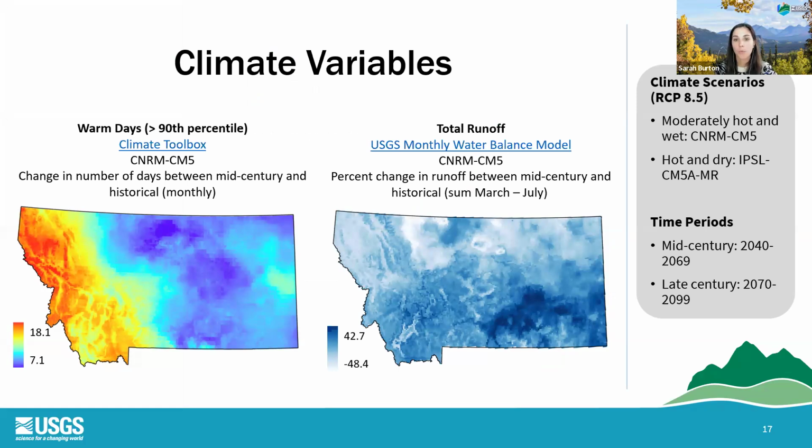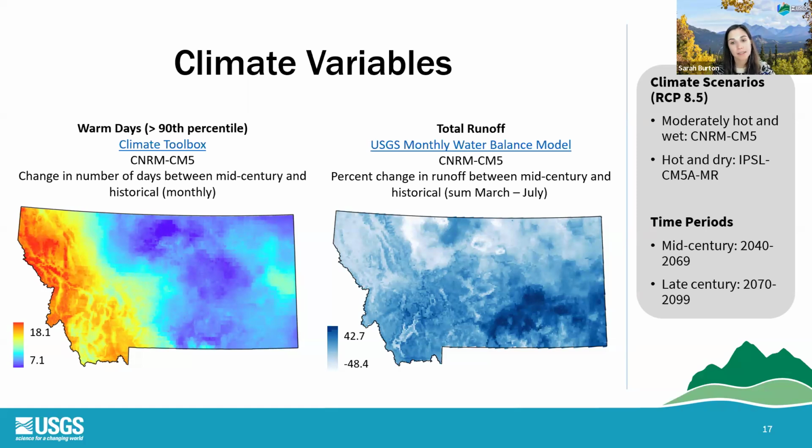As I mentioned, we went with warm days in the 90th percentile from the Climate Toolbox, which is a resource that has a variety of climate data resources available. That's a great place to go if you're looking for climate information. A lot of it is in NetCDF that you can convert using ArcGIS Pro or Python or other scripting languages into TIFFs or other usable formats if you prefer that.